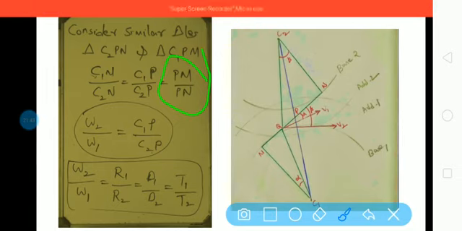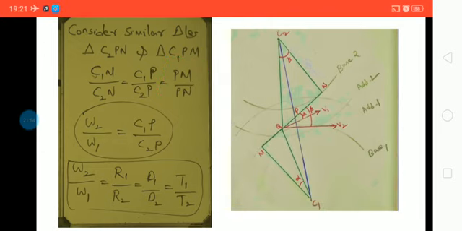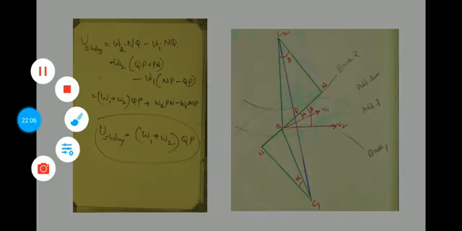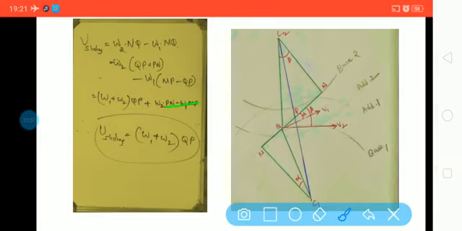So we can write omega 2 by omega 1 equal to PM by PN, or omega 1 into PM equal to omega 2 into PN. See, omega 2 into PN equals omega 1 into PM. That means these are equal. Therefore, it will be 0. These two will be 0. So we get an expression for velocity of sliding. Put that in a box.